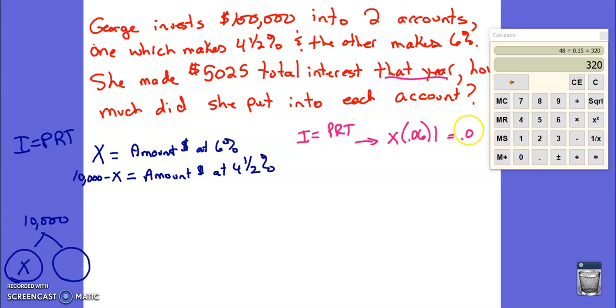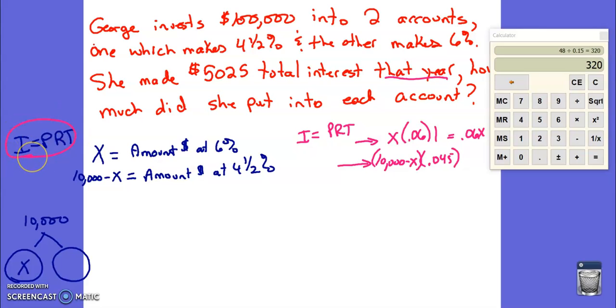So this would be 0.06X. All right, and then same thing here, following this formula, this would be 100,000 minus X times 0.045 times 1. All right, so that's the 2.